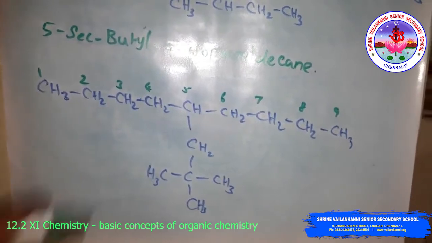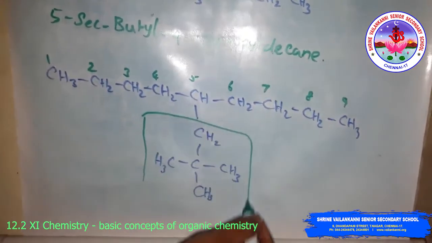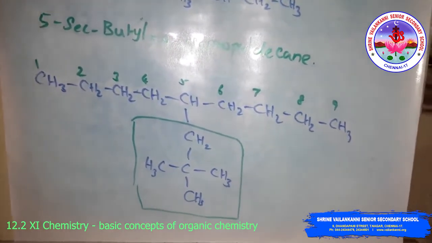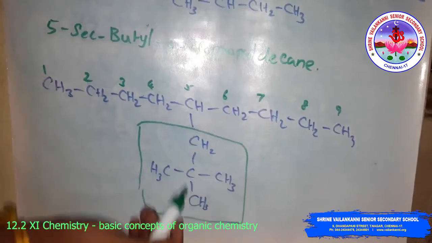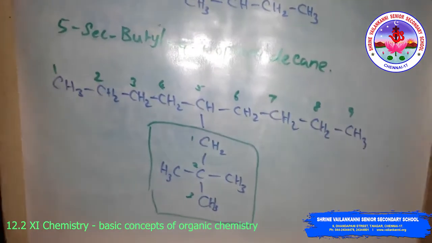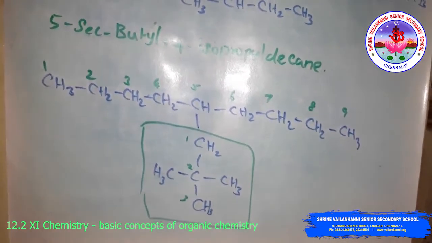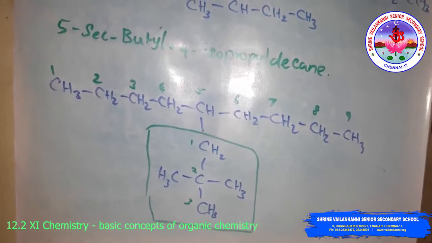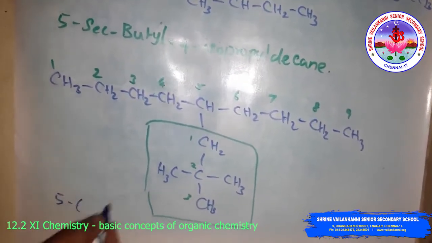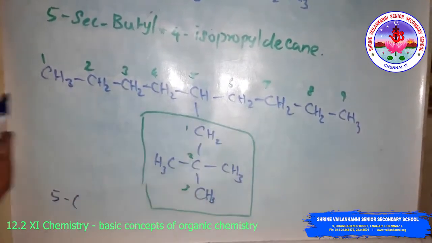Okay, then the fifth position having something. Here also you have to give the numbering, because this is also a one-chain compound. So 1 2 3. So the fifth position is having something, so that the name is written as 5 something. Then how many carbon long chain are there? 9.